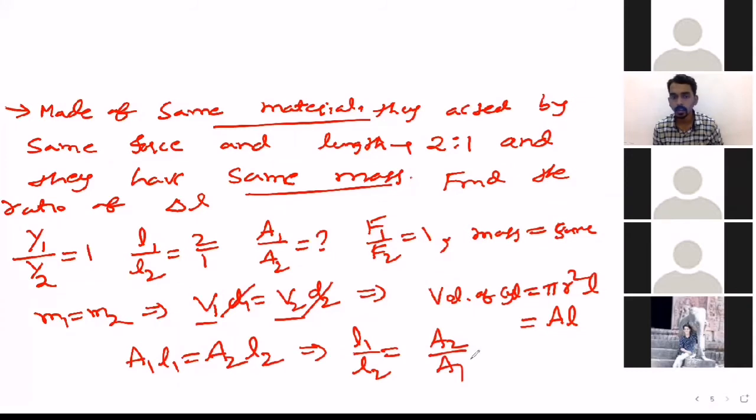So A2 by A1 is nothing but L1 by L2, how much? 2 by 1. They have not given A1 by A2, but I found it. What is A1 by A2 or A2 by A1?